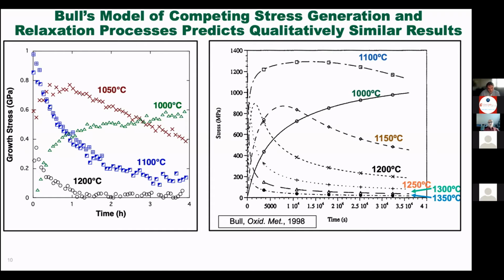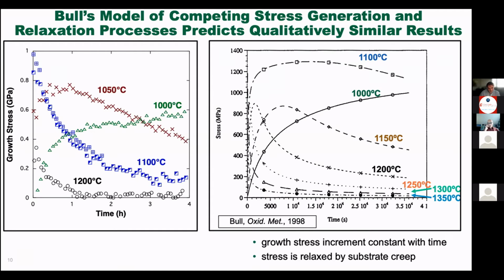Again, his model takes into account both growth stress and then its relaxation by substrate creep. The model simply has a growth stress increment that's constant with time, and then it's being modified by creep of the substrate. And you get these similar type of curves indicating this dynamic interaction between generation and relaxation.